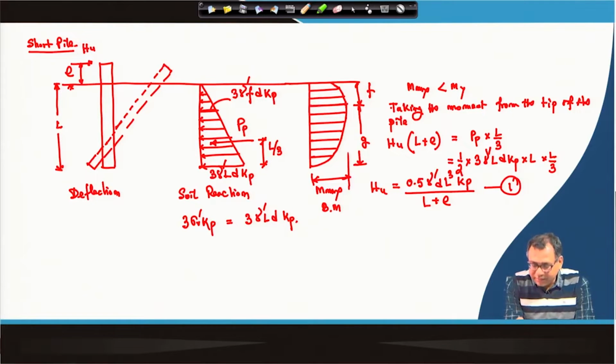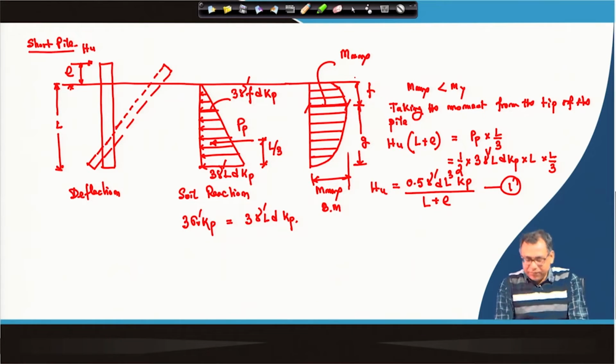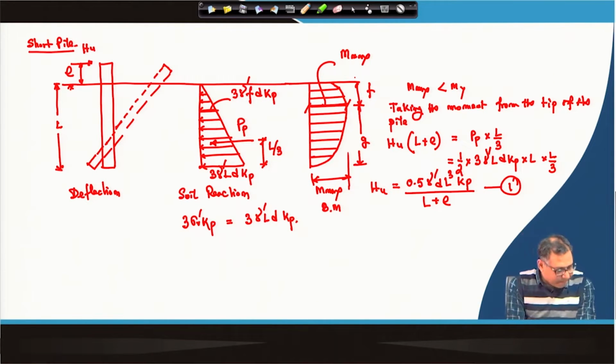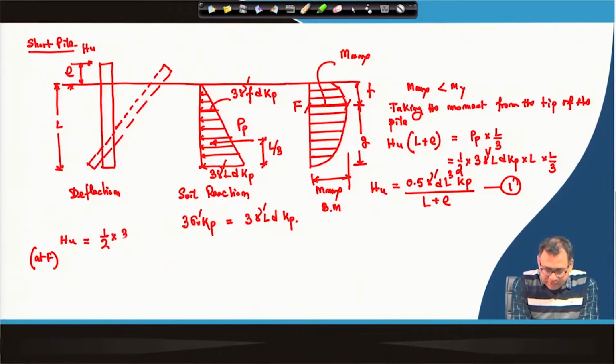So, this is M max at F. So, H u at F will be equal to half into 3 gamma dash d K p into f square.